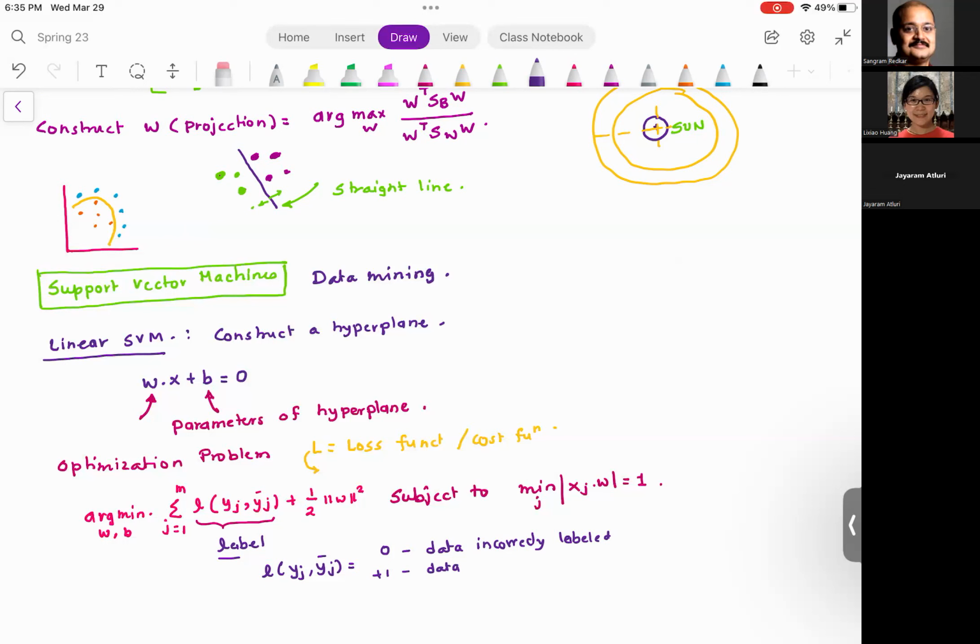I'm sorry, it could actually change. So I would say this 0 means data correctly labeled, or 1 means data incorrectly labeled.